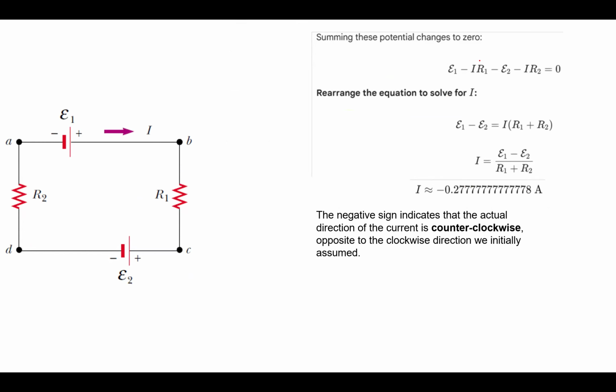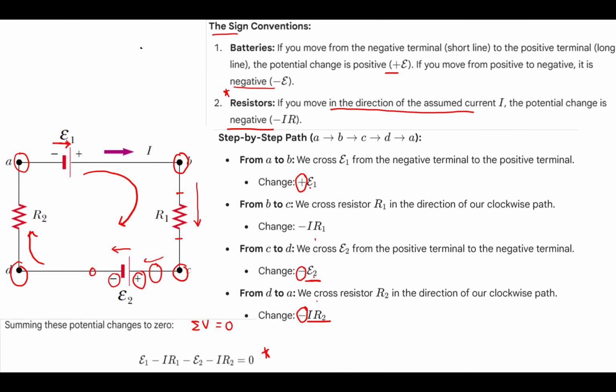From this, we can find I. I is given by this. The important part here is the sign convention. I want you to go back to this part. This part is very important for the practical solution.